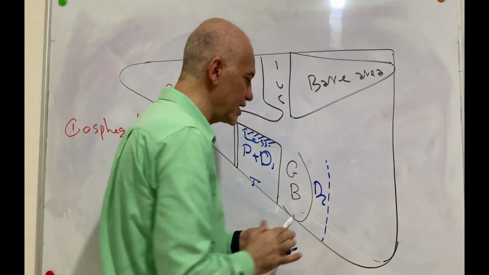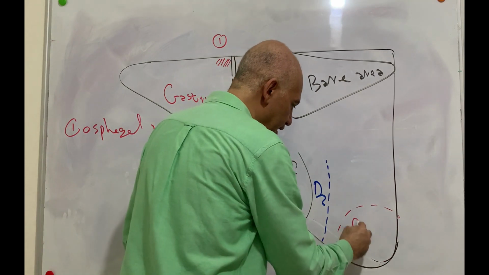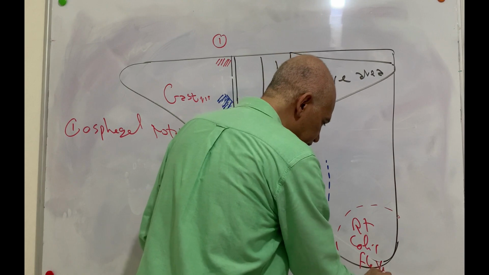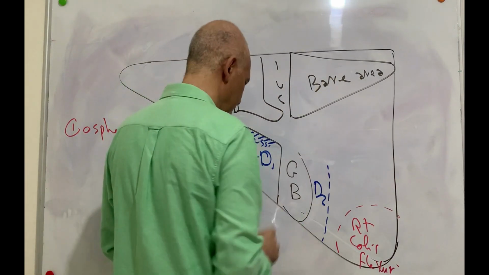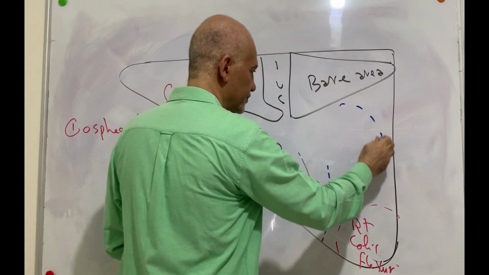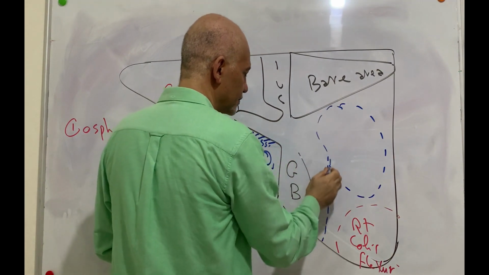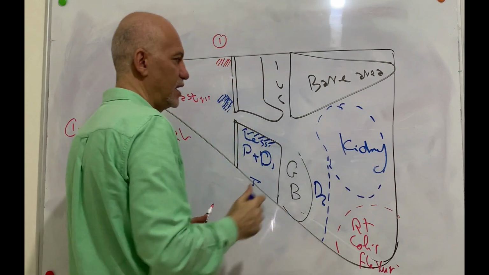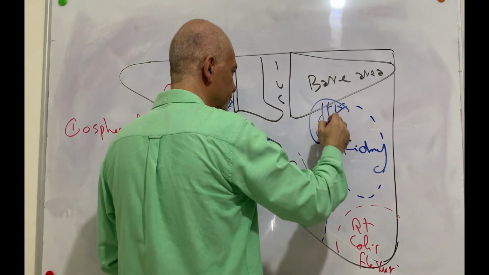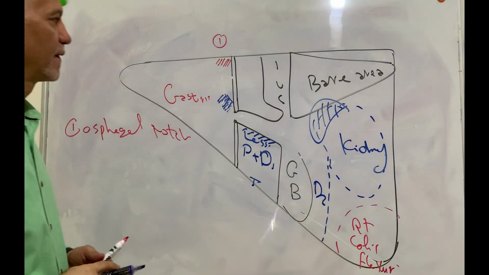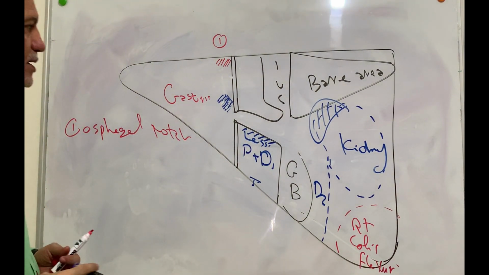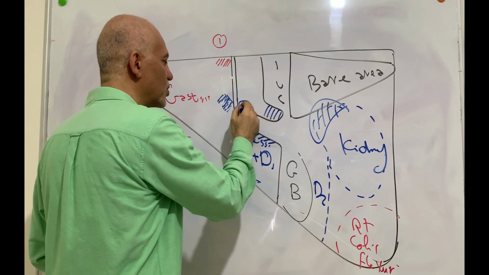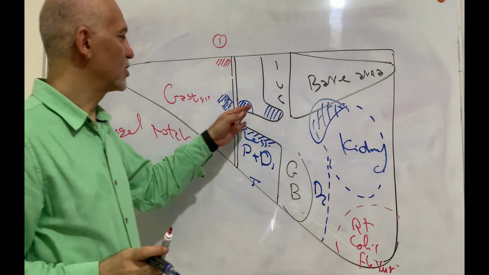In the lower area, in this area, right colic flexure. This area, kidney, renal and suprarenal. This is the caudate process, and this is the papillary process of the caudate lobe.